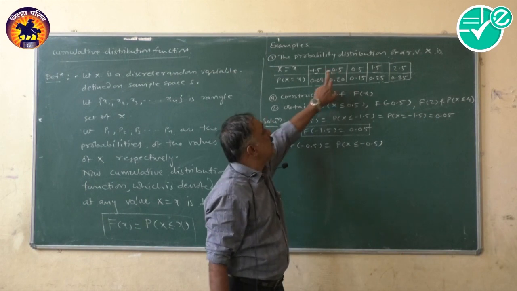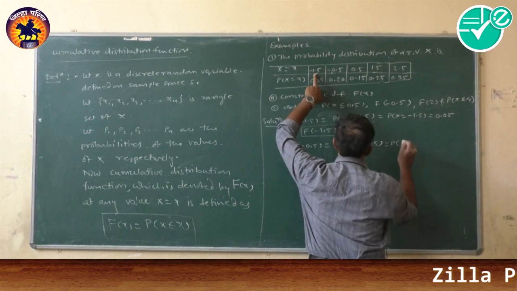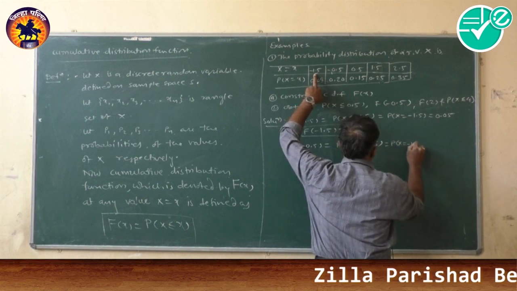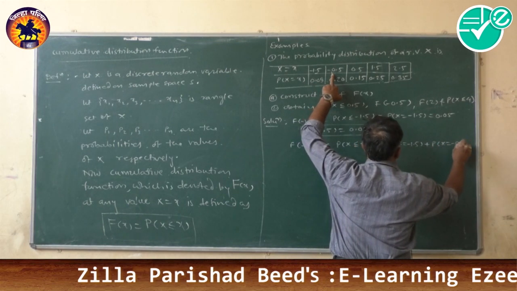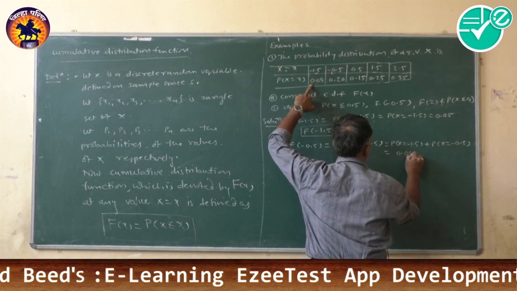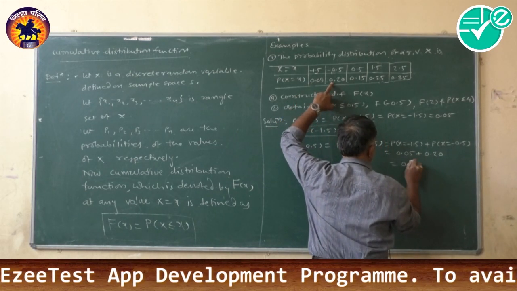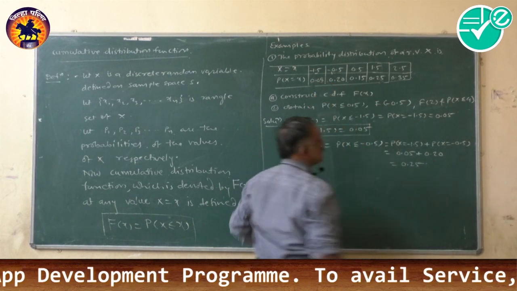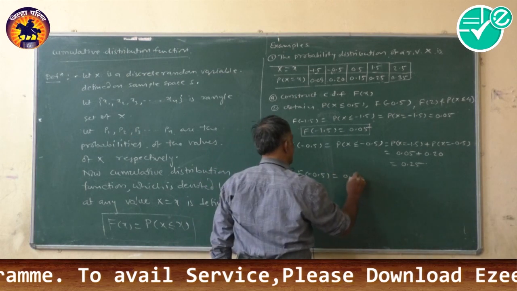Those are minus 0.5 and minus 1.5, and therefore it will be equal to the probability that x assumes value minus 1.5 plus the probability that x assumes value minus 0.5, which is exactly 0.05 plus 0.20, and therefore 0.25. So F of minus 0.5 is equal to 0.25.